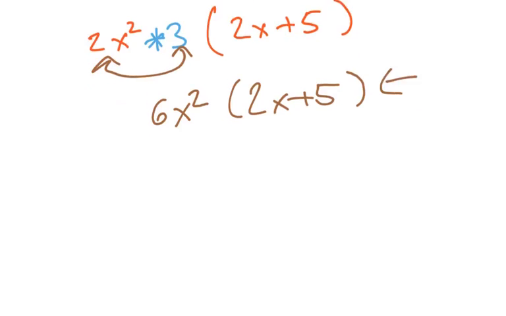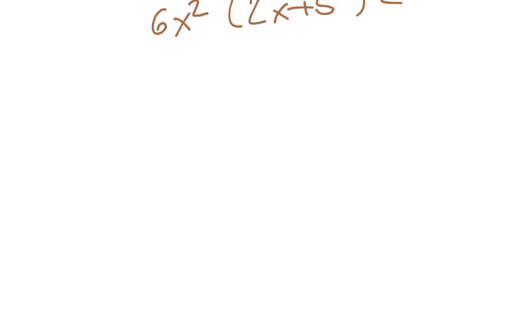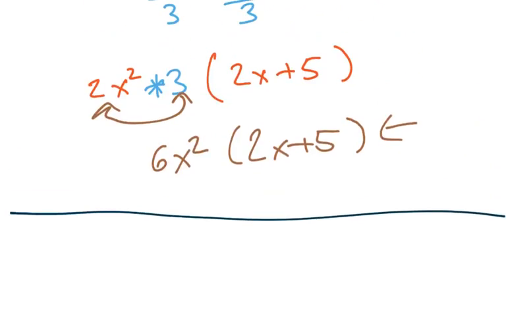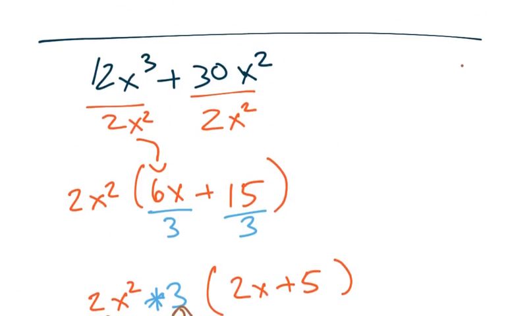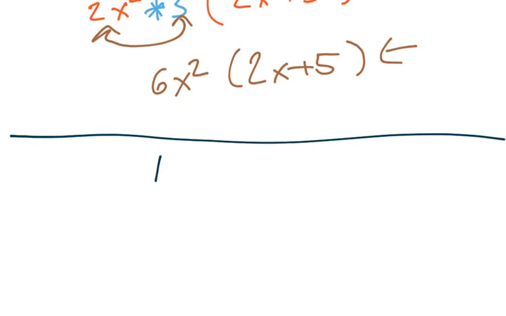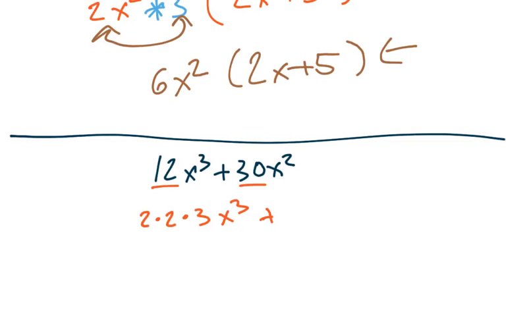One other perspective on this problem: let me see, what was the original one? 12x cubed plus 30x squared. If we write 12 and 30 as the product of primes, 12 would be 2 times 2 times 3 times x cubed, and 30 would be 2 times 3 times 5 times x squared.